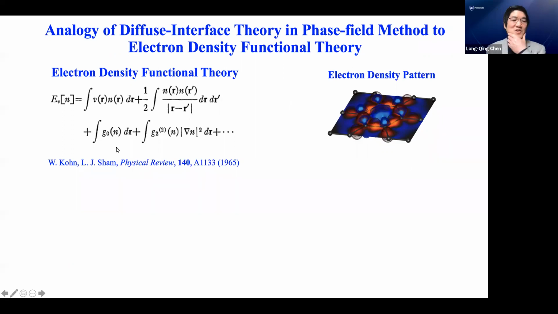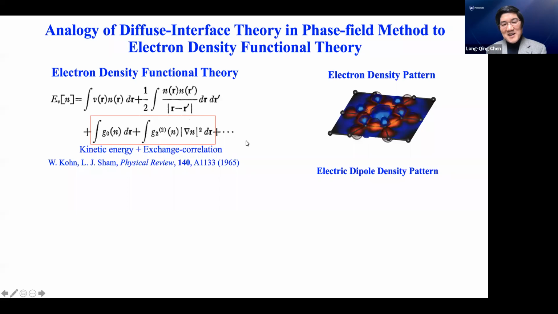And then there's a local energy, which is G0, which essentially only depends on the local electron density. Then we have this, similar to exchange terms in magnetic materials. And in density functional theory, this is also called the kinetic energy and exchange correlation terms.